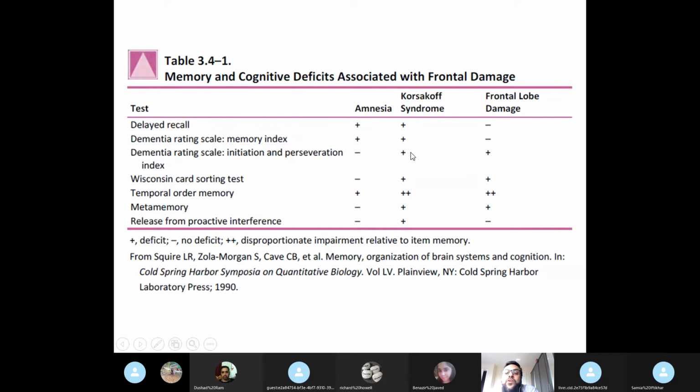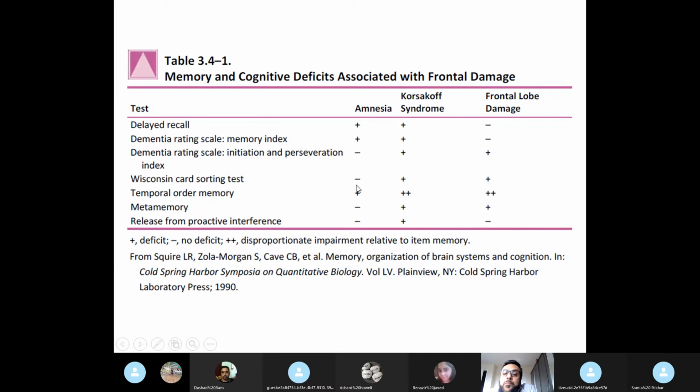In Korsakoff syndrome, you can see some frontal lobe signs, which is not there in ICD-10 or DSM-5, but the latest edition of the Kaplan and Sadock textbook is showing that there could be some frontal lobe changes.